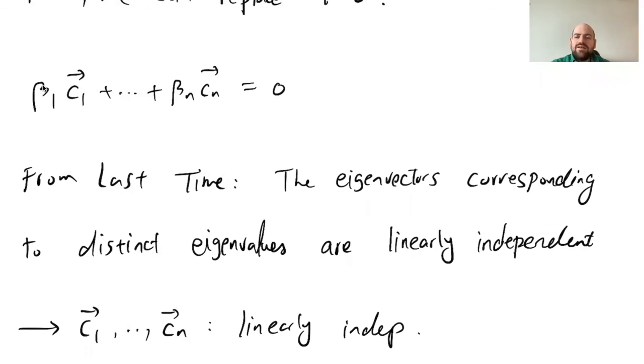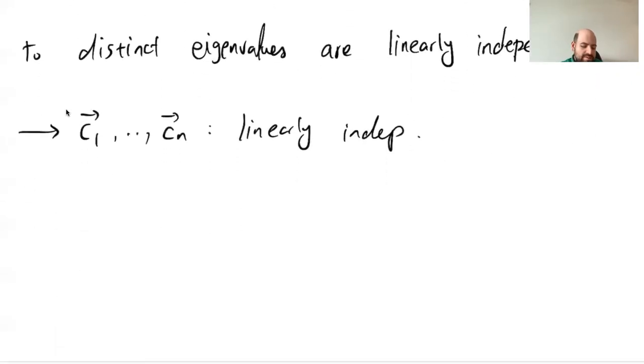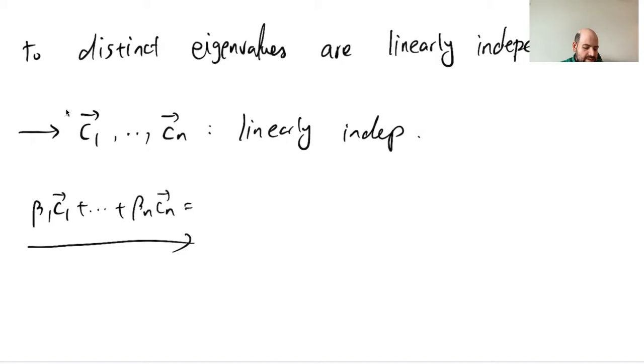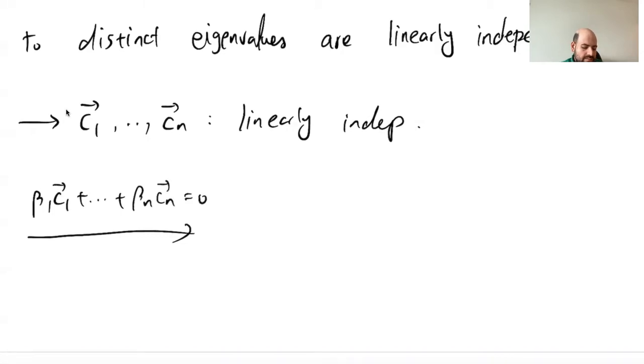This is exactly the meaning of linear independence: if some linear combination is 0 and the vectors are linearly independent, then every coefficient must be 0. So here we have beta1 c1 all the way to betan cn equals 0, so that means each beta i should be 0.